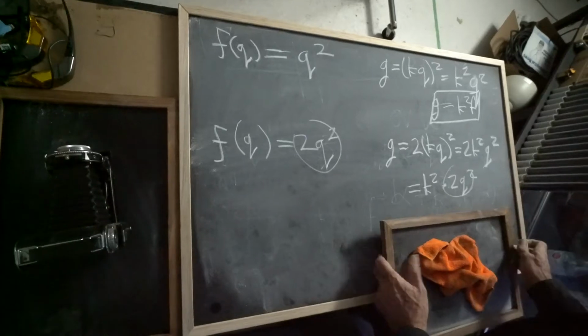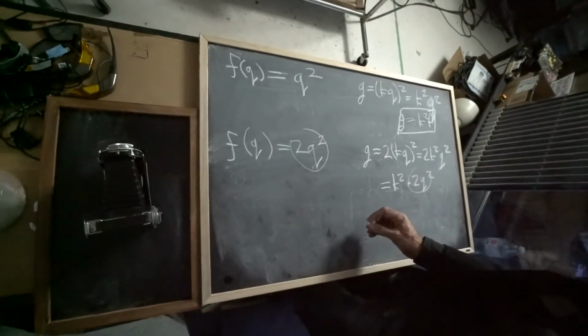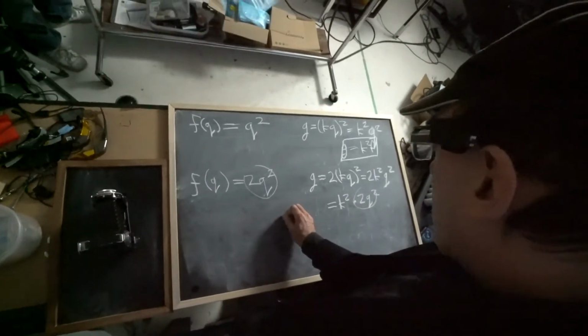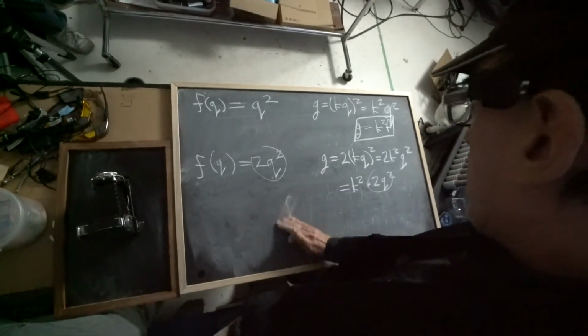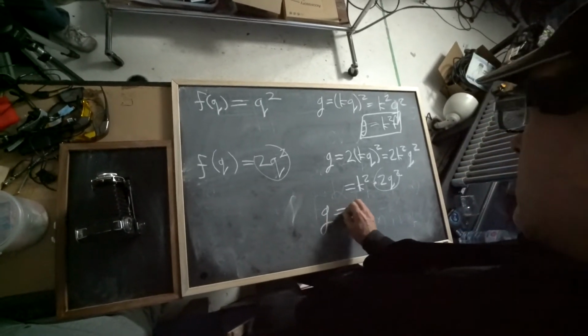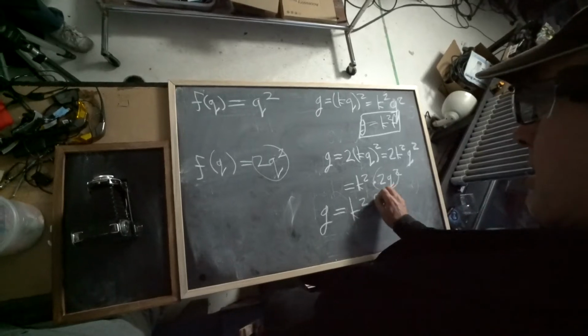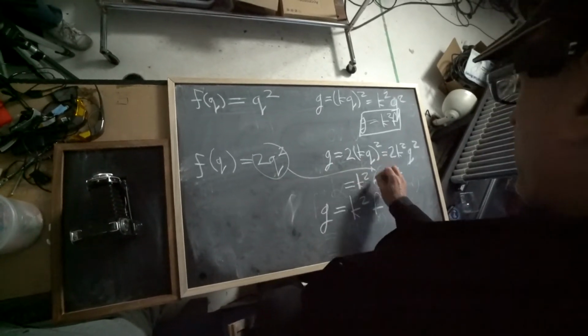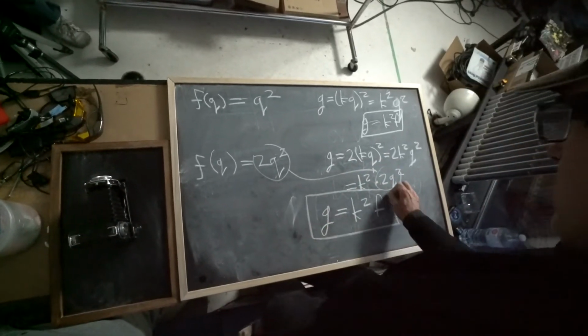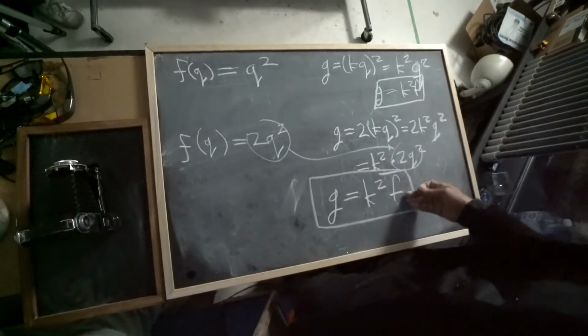So now we have that g equals k squared f from over here, and that's the same comparametric equation.